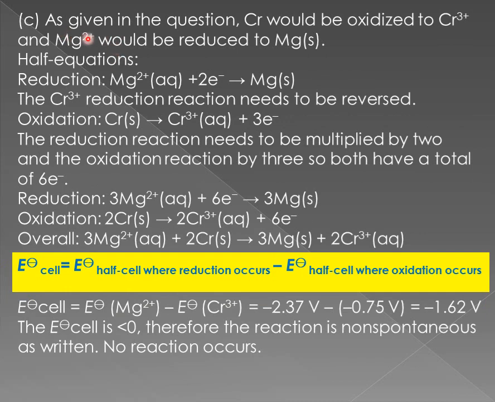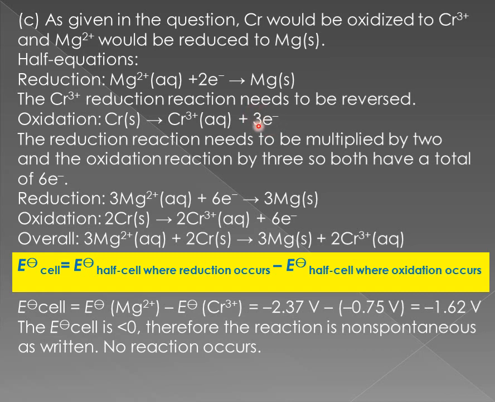For this question, as given, chromium metal would be oxidized to chromium ion, and the magnesium ion would be reduced to magnesium metal. This is the half equation, reduction: magnesium ion gains electrons to give magnesium metal. The chromium reduction reaction needs to be reversed, so chromium metal will give chromium ion plus 3 electrons.